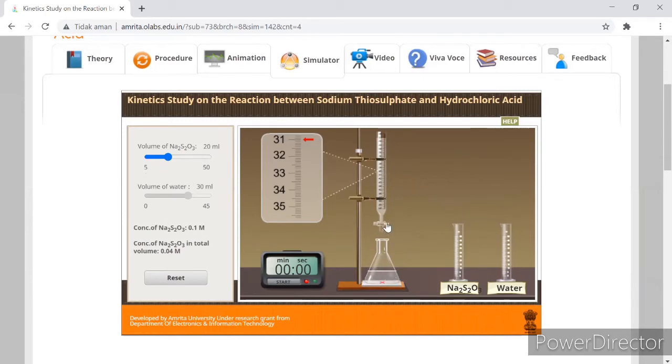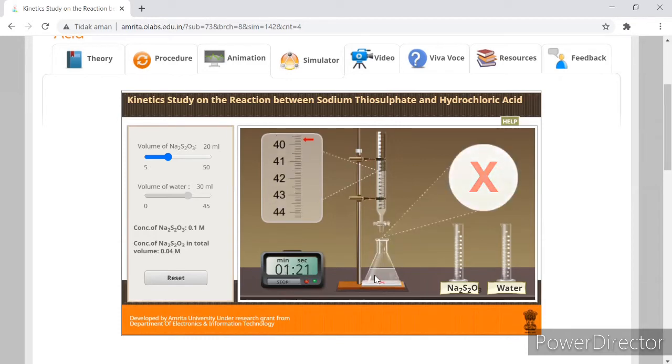After that, we click the stopcock, and after the 5 milliliters of hydrochloric acid go to the conical flask, we should shake it, and then we add it again.